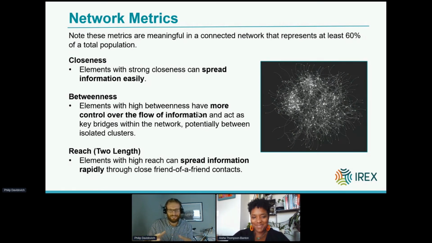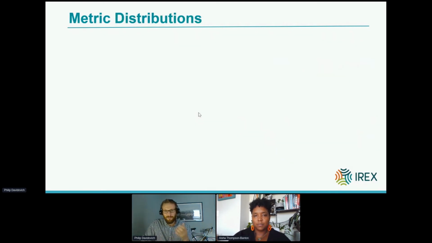I'm sorry if that was a little convoluted, but I felt those were important concepts to flag. What's really important is what's bolded here. Closeness means spreading information very easily. Betweenness means more control over the flow of information because it goes through them. And reach means spreading information very rapidly.